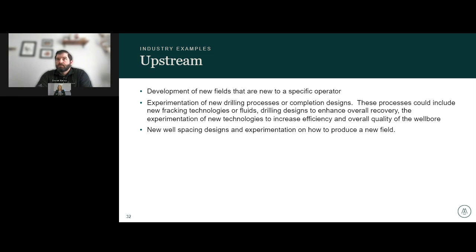There's been some movement and development within the R&D space where we're able to go after credits for developers that are going into new fields or even existing fields and working on enhanced oil recovery techniques, redesigning their drilling process, redesigning their completion process, whether that be new designs, new technology, different spacings, topics like that. There are opportunities now within the upstream space to actually go after and calculate some credits. And from our experience, these credits can be very substantial.